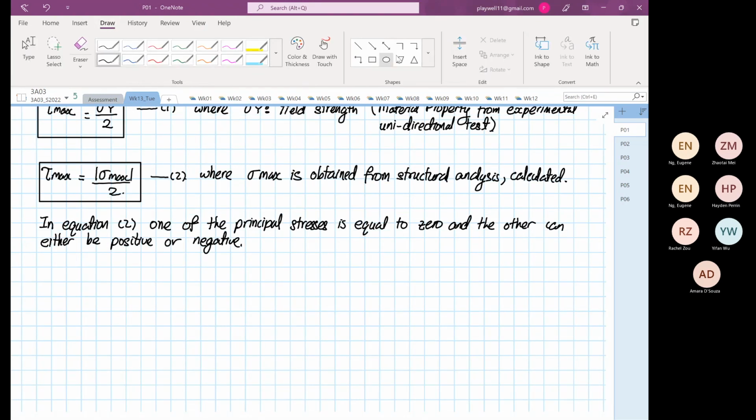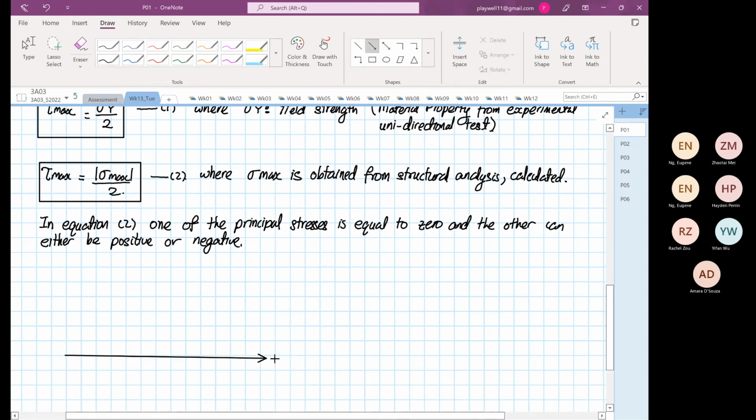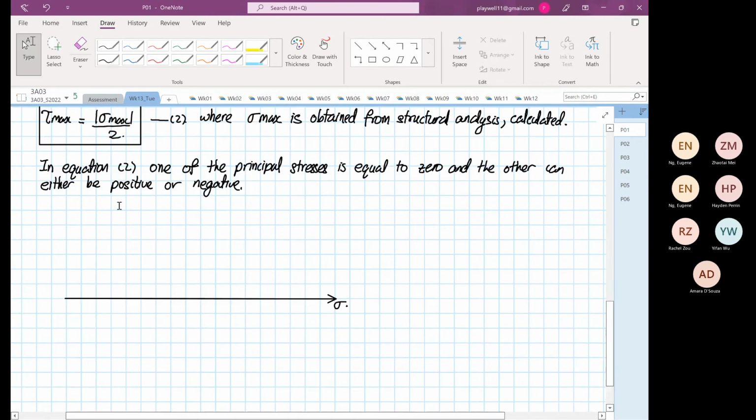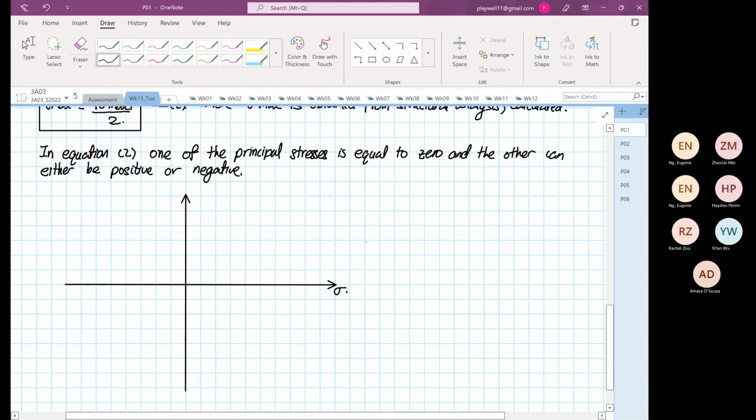On our x-axis, this is our normal stress, and on our y-axis, this is our shearing stress.